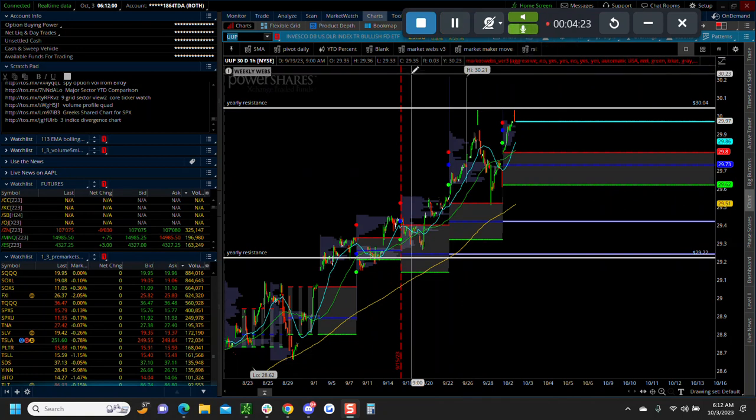Another thing that I'm looking for here potentially is that we might have just topped out on UUP or the Dixie, the dollar. We just tagged a yearly resistance level again, and a lot of times they'll hit that the second time for the failure. So I'm looking for that potential as well.